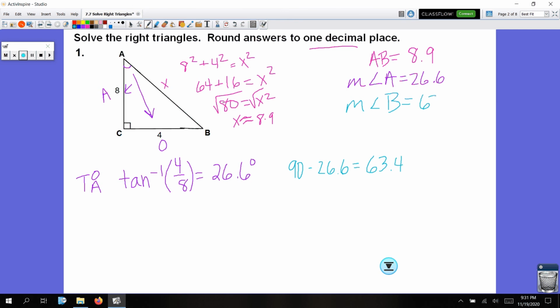So 63.4 degrees. Oh, and I forgot to write my degrees for angle A. All right, and there we have solved, we know all the sides and all the measures of the angles of this triangle. All right, let's check out another example.